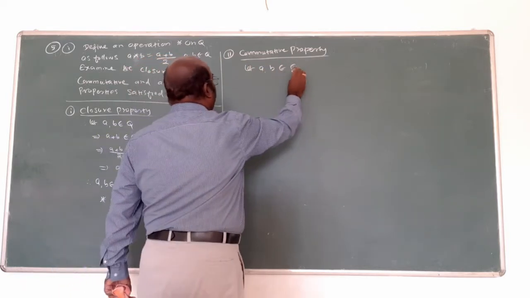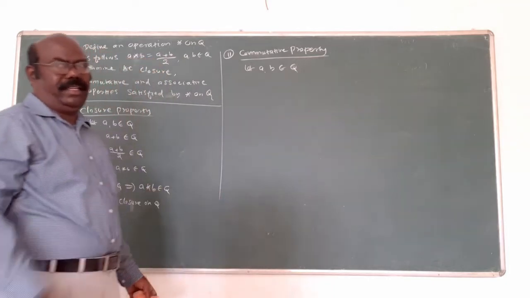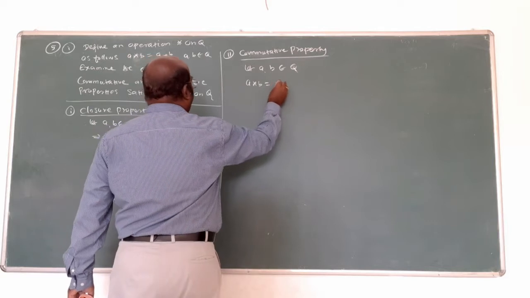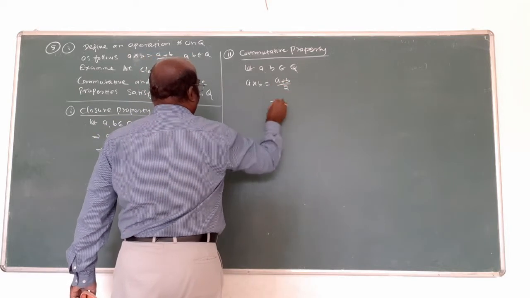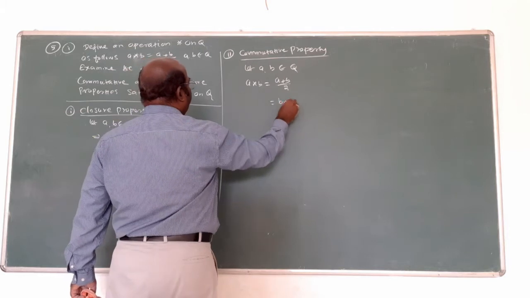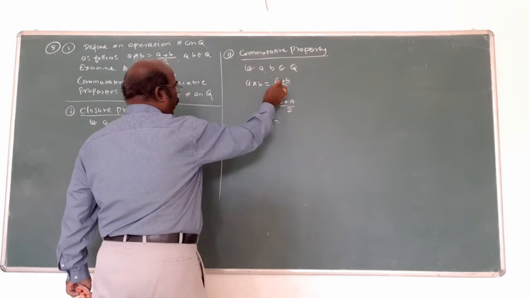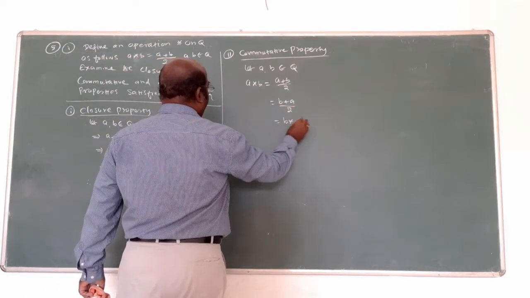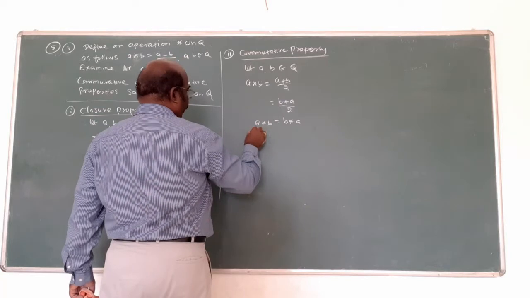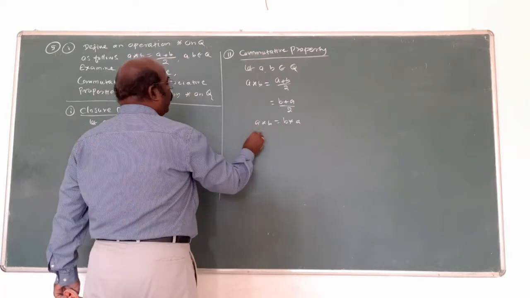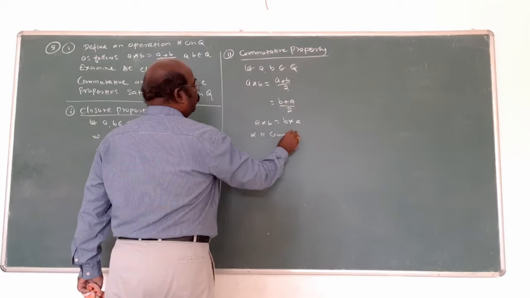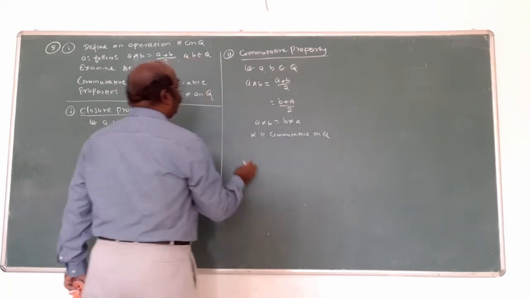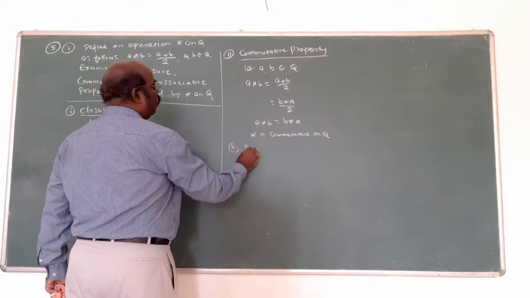Now you want to prove A star B equals B star A. I start with A star B, which is A plus B by 2. This is addition, so you can interchange to B plus A by 2. That represents B star A. Start with A star B, end with B star A. That's why star is commutative on Q.